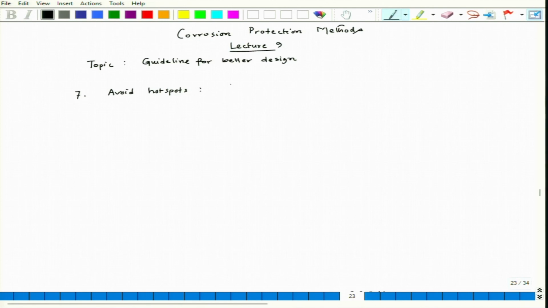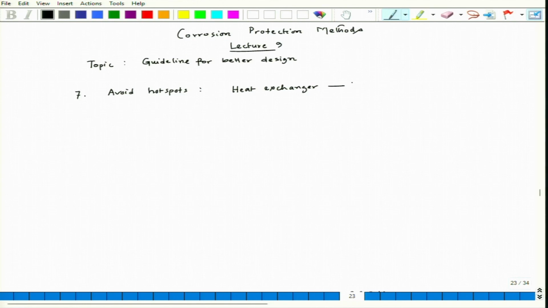So, this is important in the case of a heat exchanger, where heat transfer happens from hot gas to cold gas or hot gas to cold liquid.